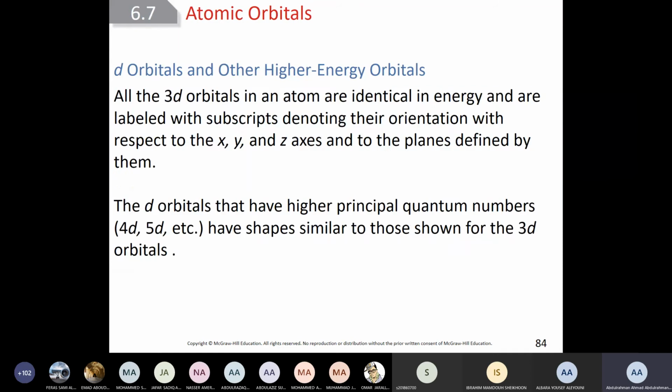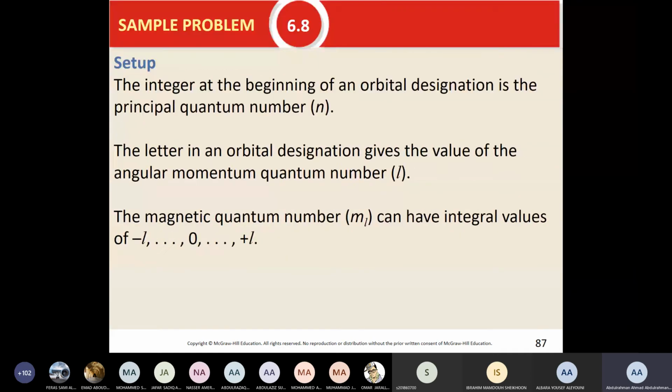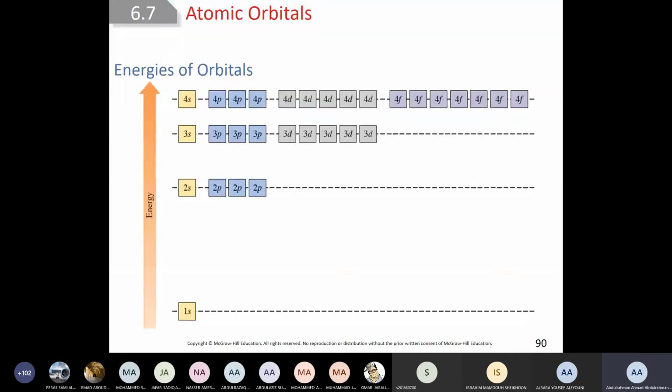With this solution, we start drawing the electronic structure of the orbital. This is for the hydrogen atom only. What is this? This is n equal to 1.